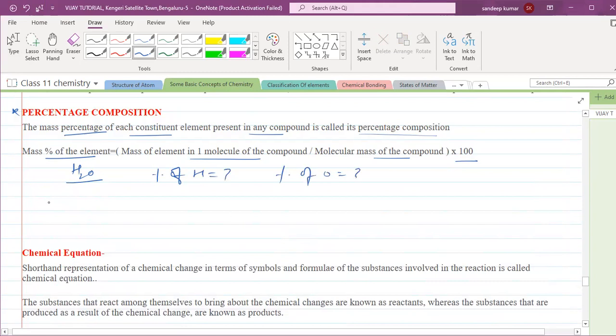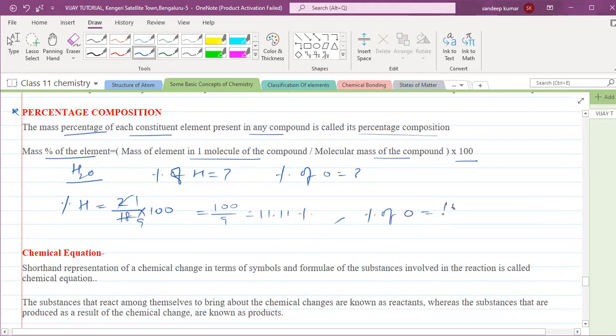So the percentage of hydrogen is what? What is the mass of hydrogen? Atomic mass is 1, so 1 into 2, divided by the molecular weight of the compound, 18, into 100. So 2 by 18 is 1 by 9, so 100 by 9. So it is 11.11%. Similarly, if I ask the percentage of oxygen, how much is oxygen? 16 grams.